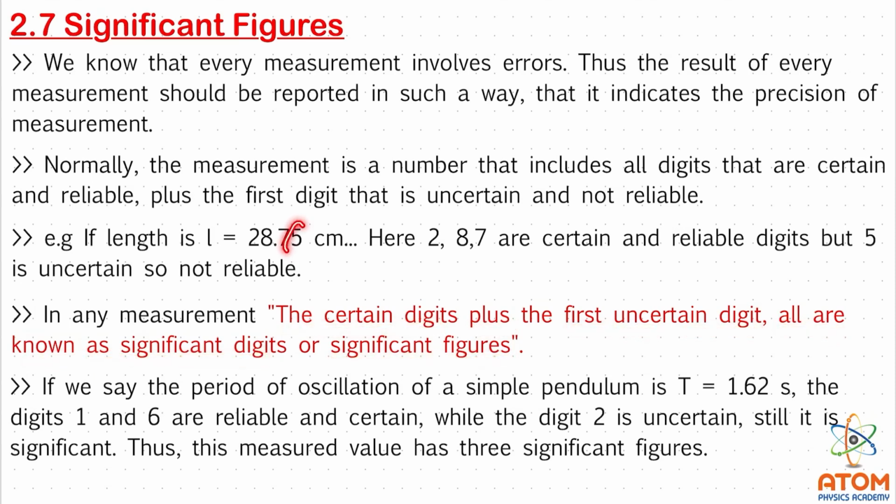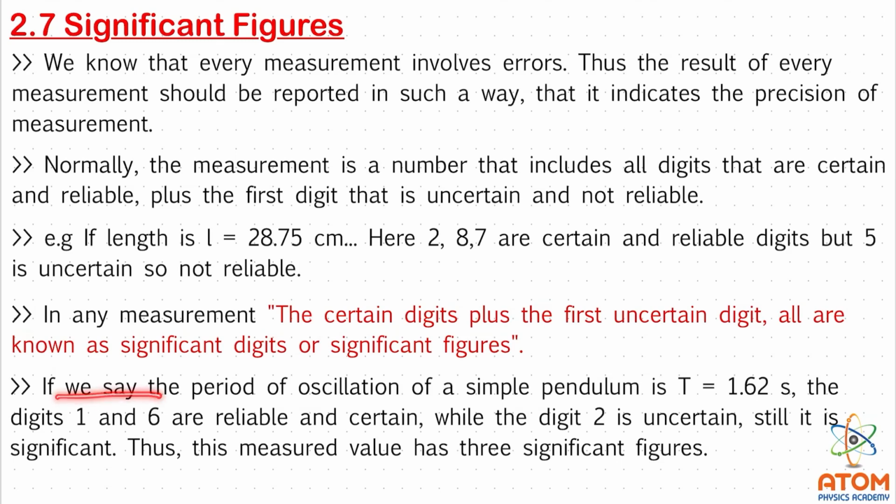Though this 5 is uncertain, still with this certain and this first uncertain, all of these digits are known as significant figures. Here we can say the number of significant figures are 4, that means 2, 8, 7 and 5. These 4 are the number of significant figures or significant digits.